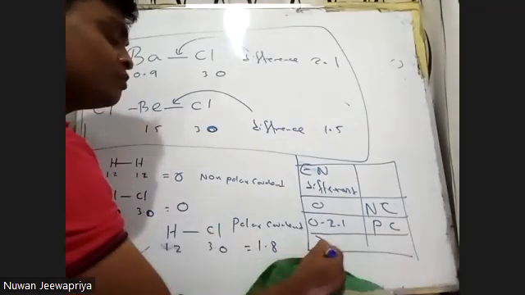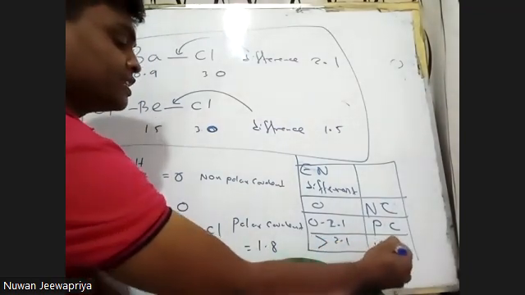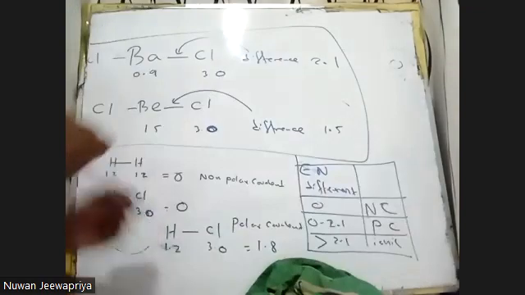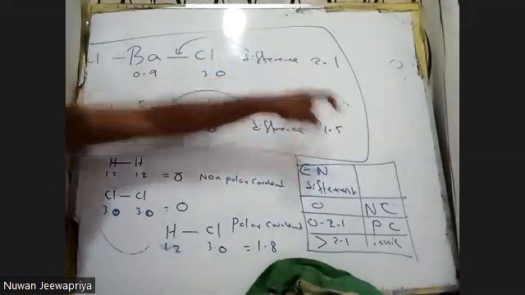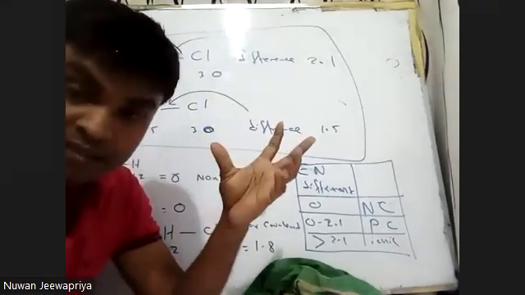More than 2.1, ionic. So see that in barium chloride, the difference is 2.1. So it is ionic.